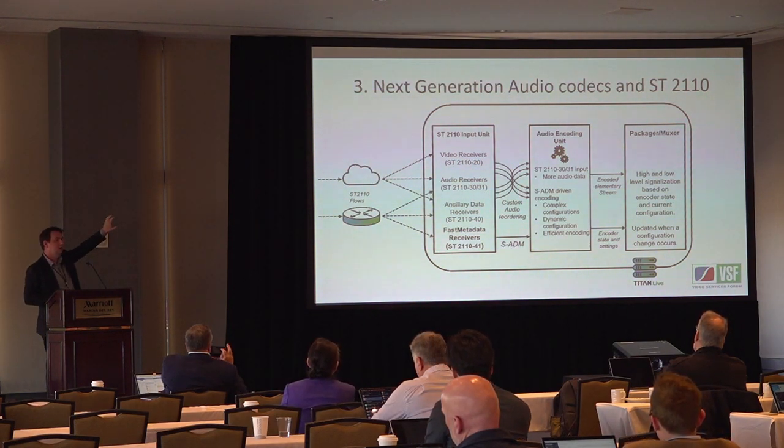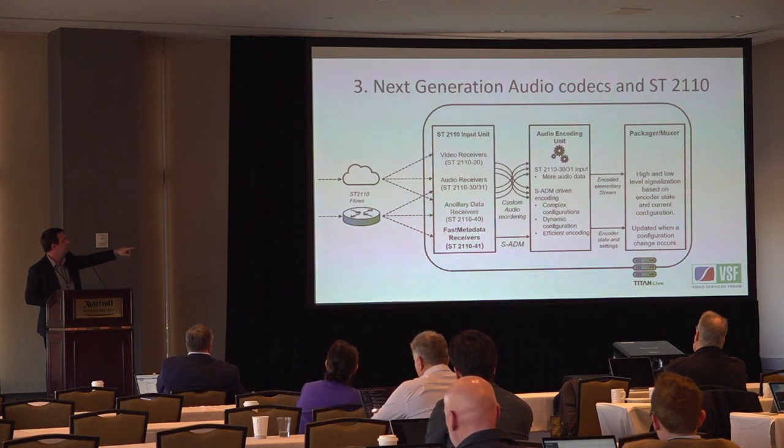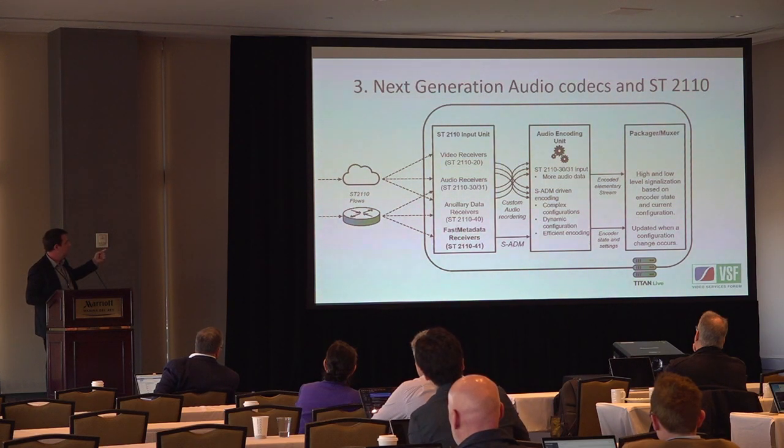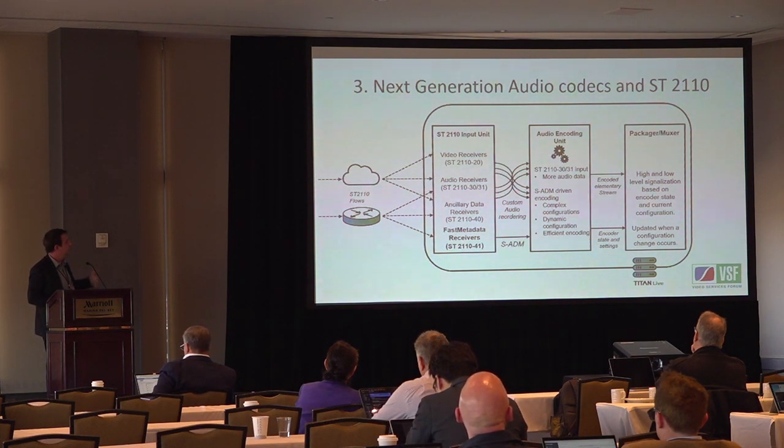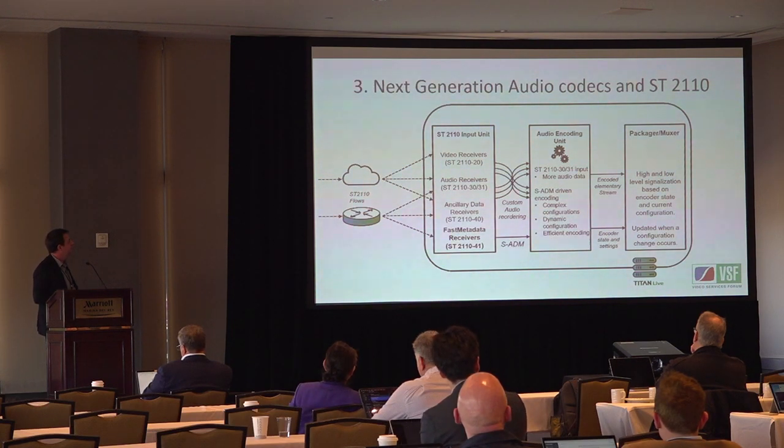On the previous slide, you had the encoding, so in our case, a Titan Live. You can feed that with all your video 2110-20 links, audio links in 30 and 31, 40 with the data. And now with the 41, you can actually provide the serial ADM dynamic metadata to the encoder that will tell it how to deal with all the audio you provide.